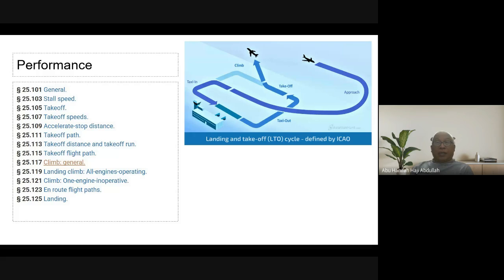During this compliance, you also need to show all-engines-operating condition, the climb performance with one engine inoperative, the en route flight path, and last is landing. The test analysis done in this subpart is about aircraft performance from takeoff to landing.